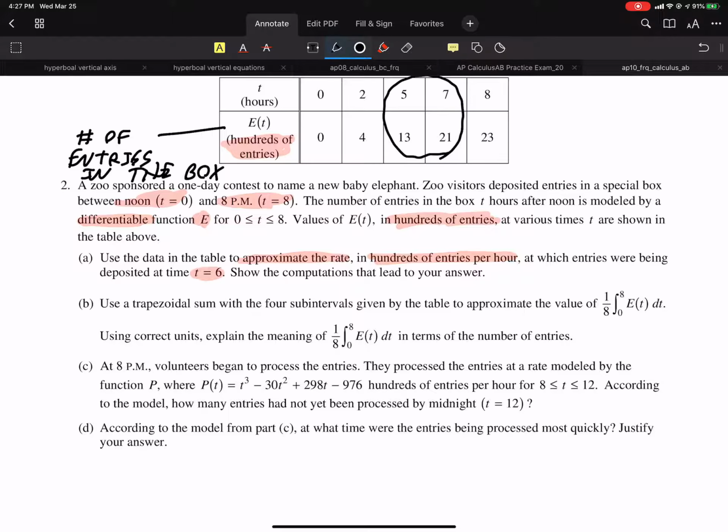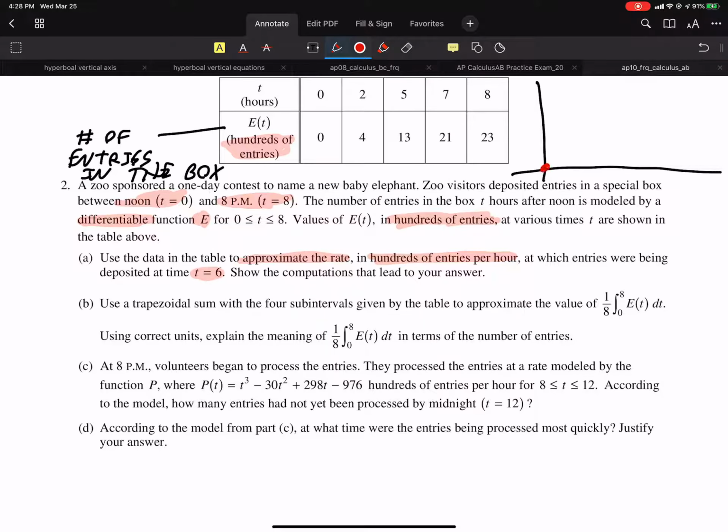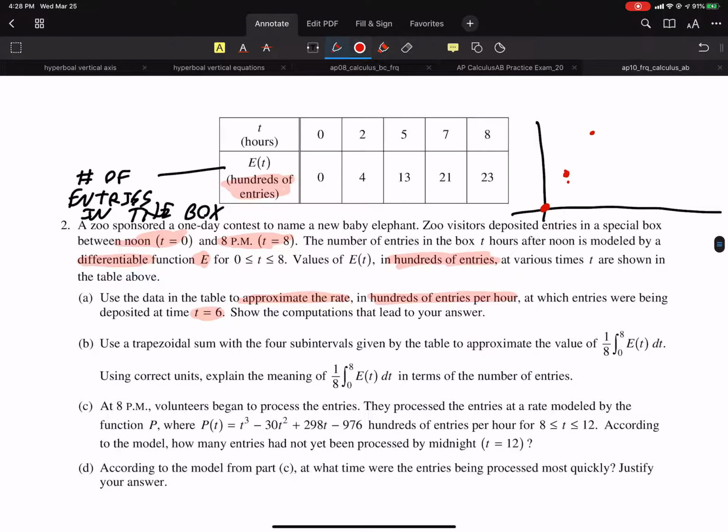So I've done this many times, but I want to give you a visual of what's going on. So if we were to graph these, we would get 0, 0, 2, 4, 5, 13, 7, 21, and 8, 23.